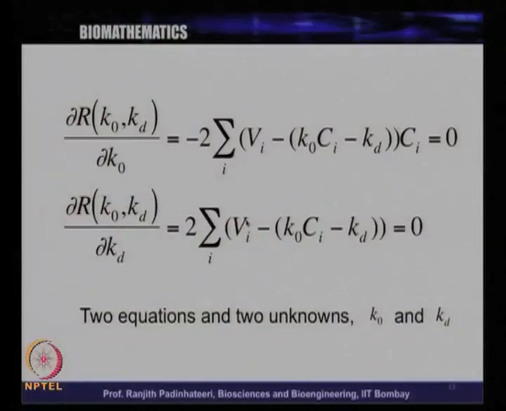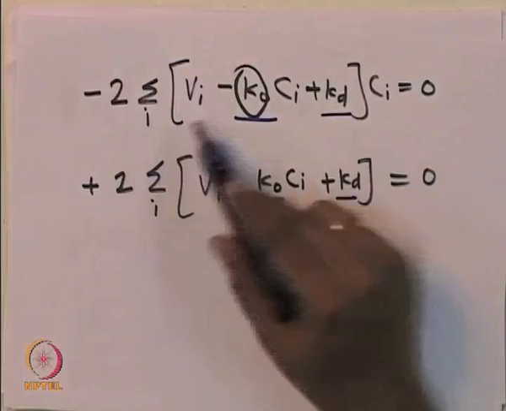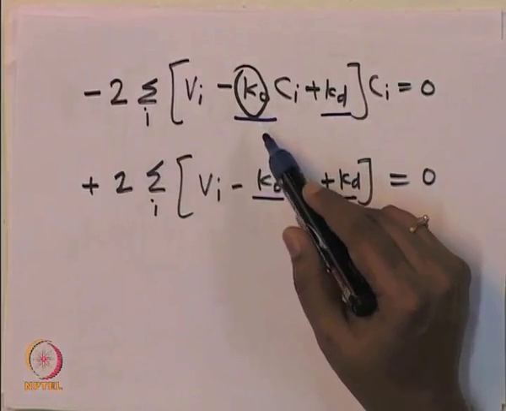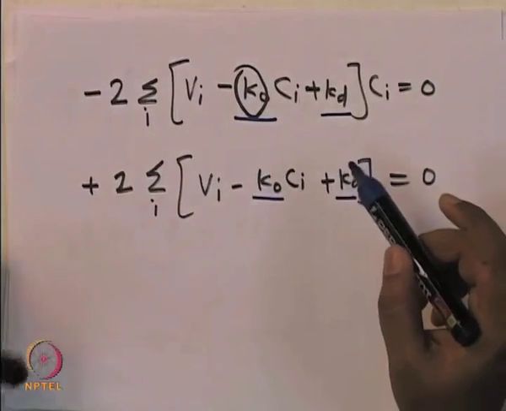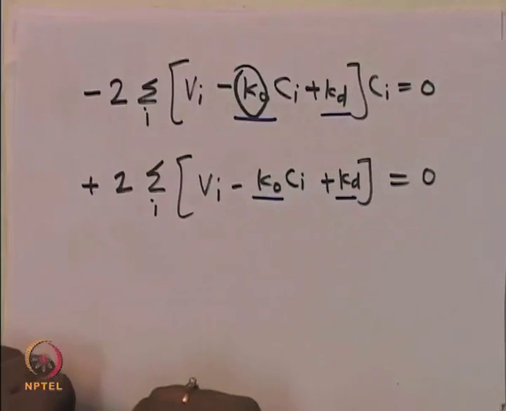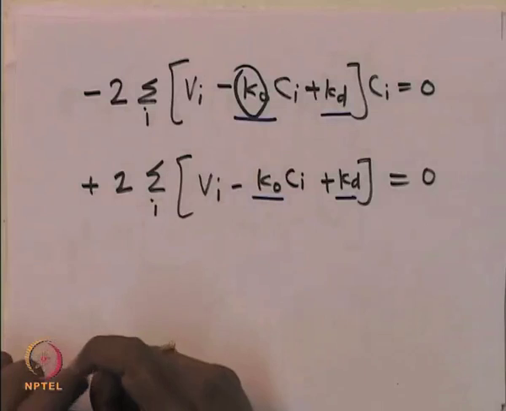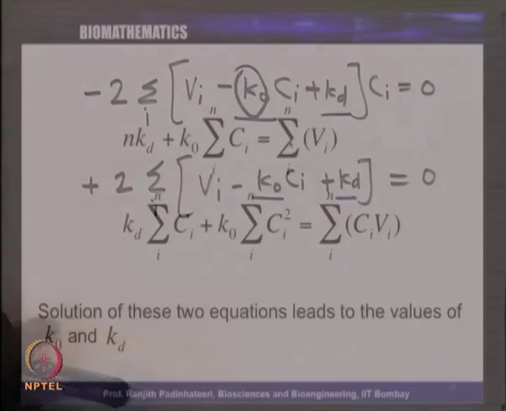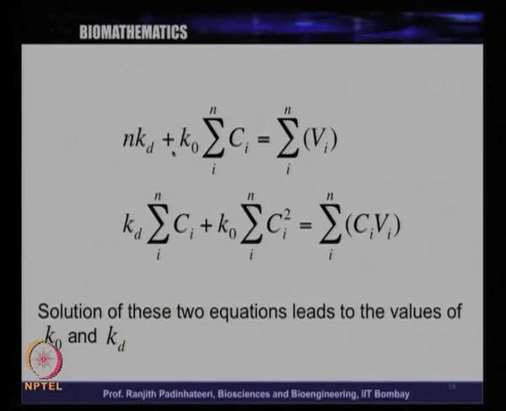You can take the sum inside and rewrite this in a particular fashion. So how do we rewrite it? If we rewrite the sum, what you essentially get is something like this.